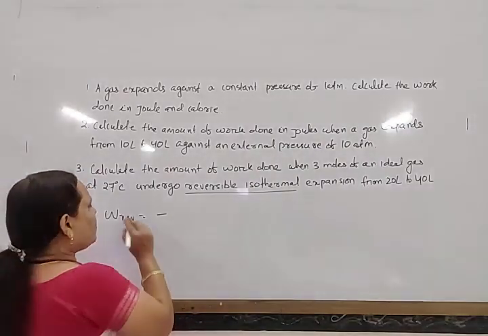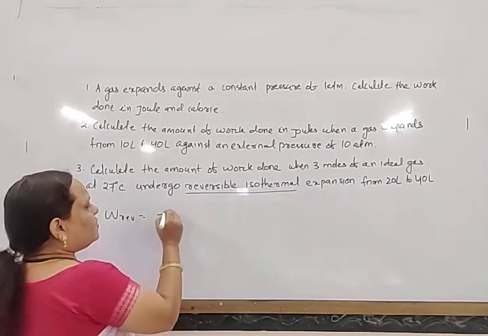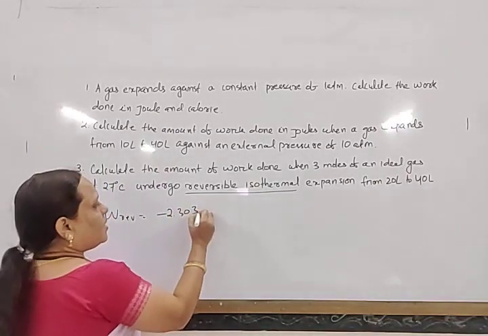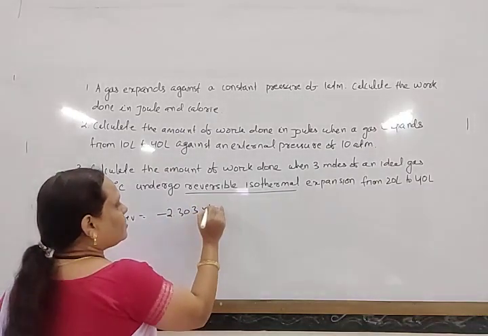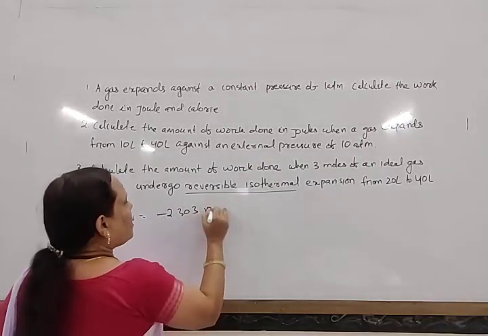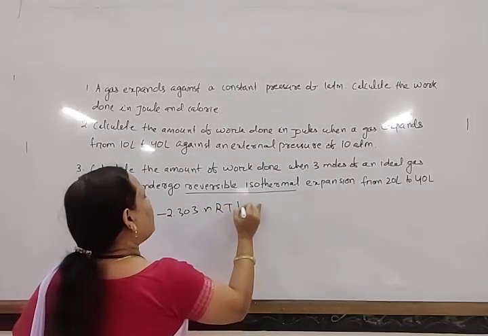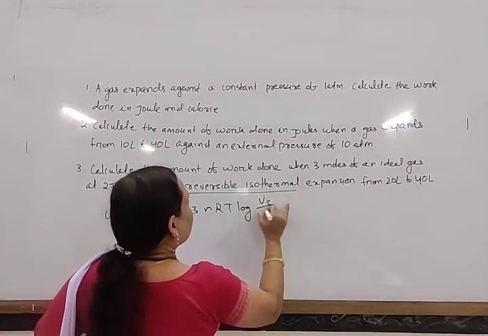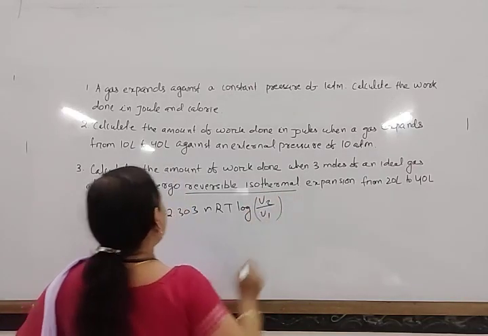So W reversible equals minus 2.303 nRT log to the base 10 V2 by V1.